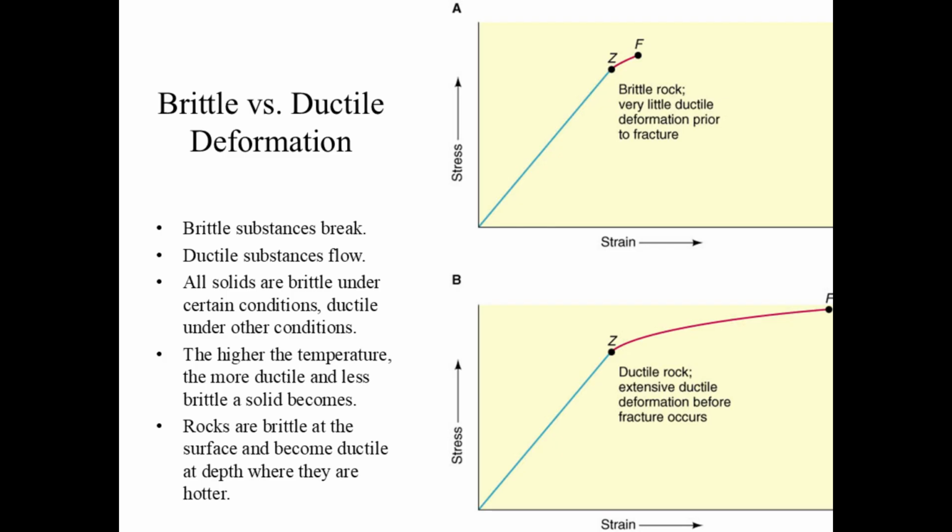Now let's talk a little bit about brittle versus ductile deformation. So just very simply, brittle substances break, ductile substances flow. And when I used to teach tectonics in person, we would bring some silly putty and students could see that the same substance under different strain rates would either behave brittly or ductilely, right?